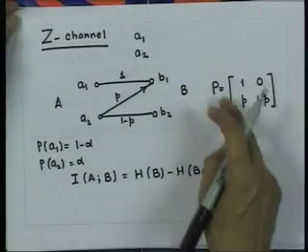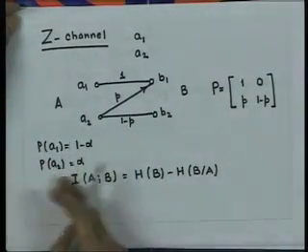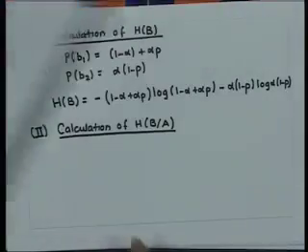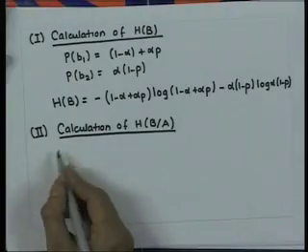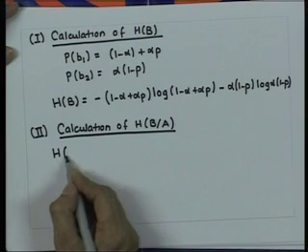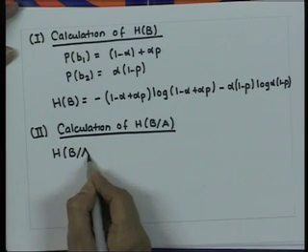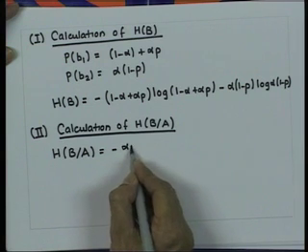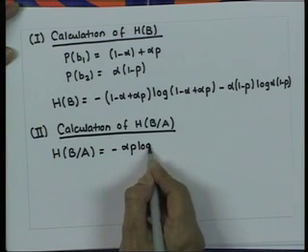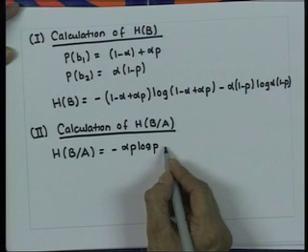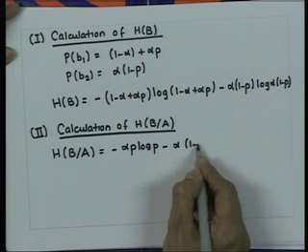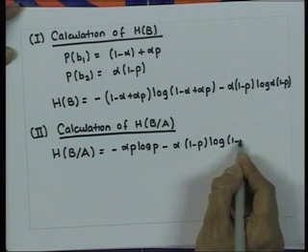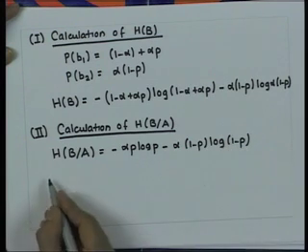Using this channel matrix and this input probability model, we can easily write down H(B|A) = -alpha P log P - alpha (1-P) log(1-P).